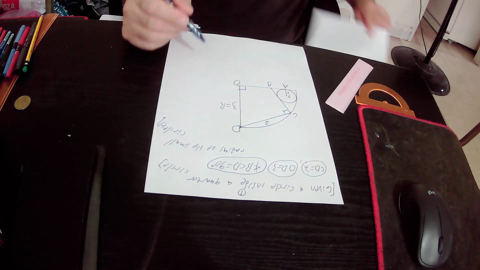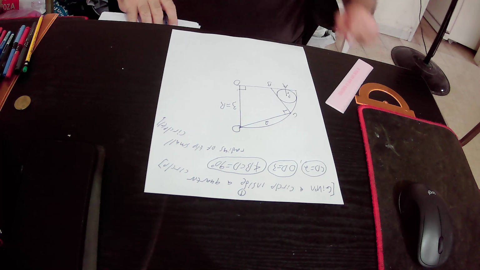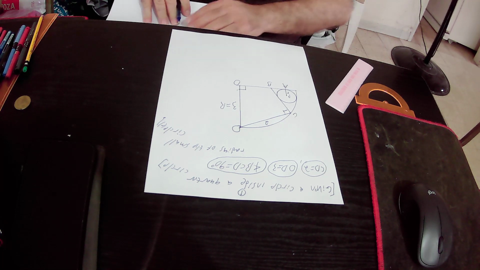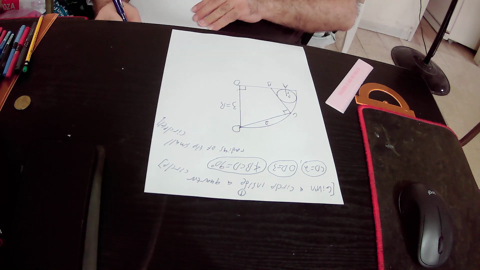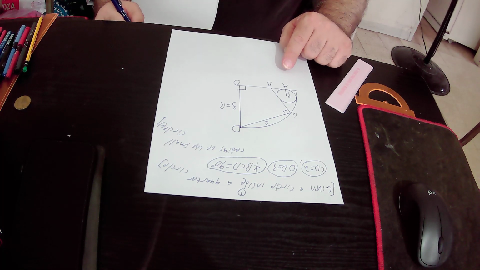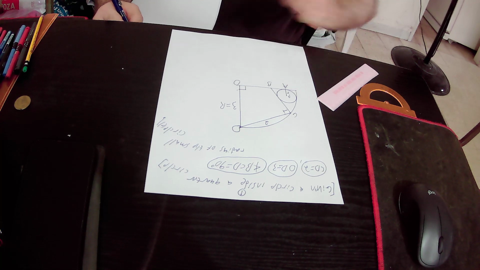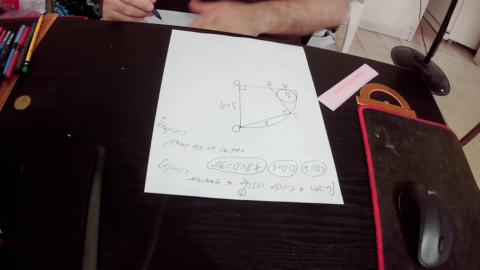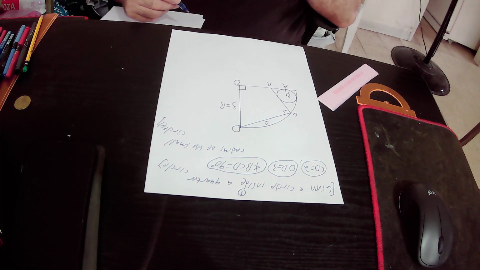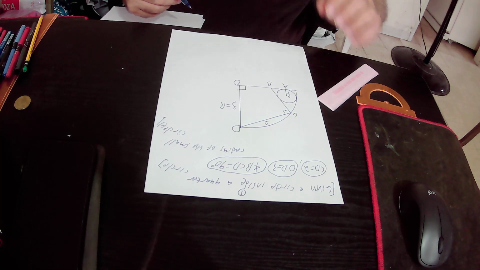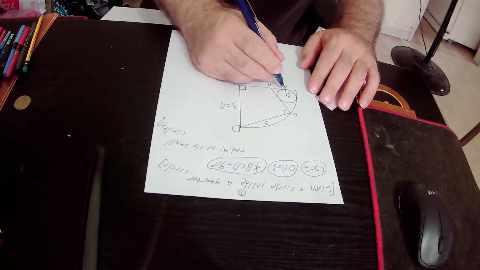So actually, we have here tangent AB to the small circle. AB is tangent to the small circle at point A, and we have the radius AP. So according to the rule that radius and tangent are perpendicular to each other, this angle equals 90 degrees.